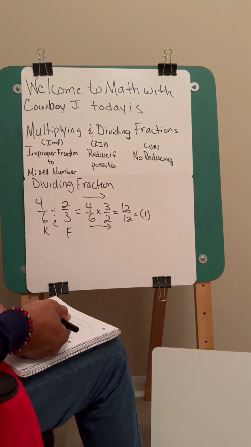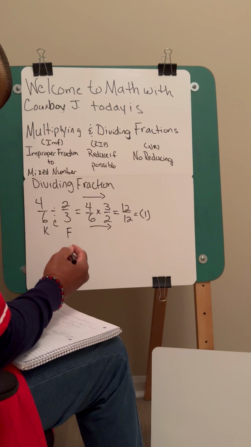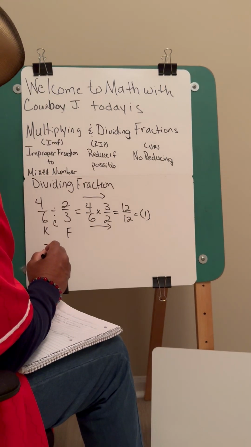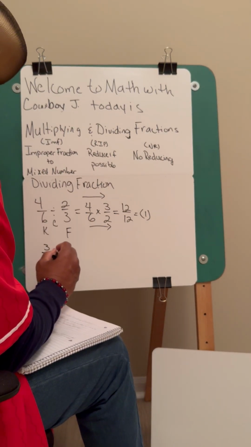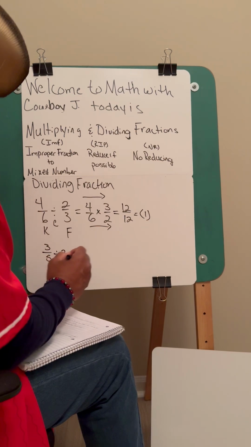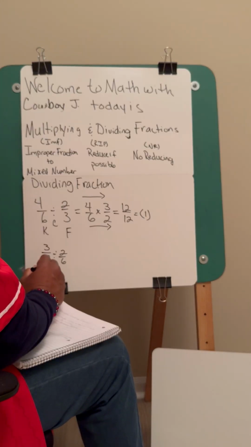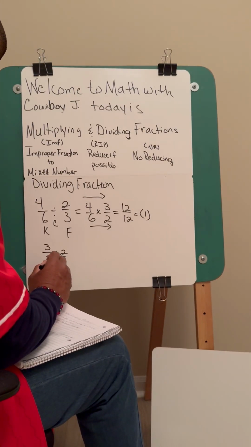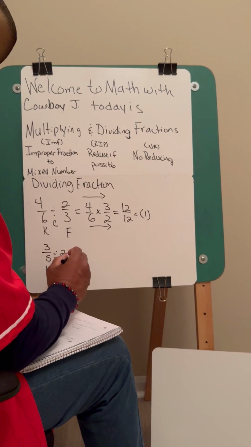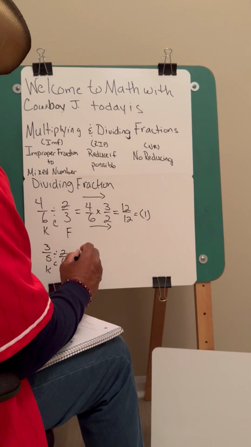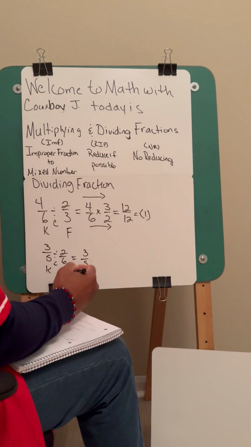is 1. So let's take 3/5 divided by 2/6. So again, KCF. I'm going to keep my 3/5.